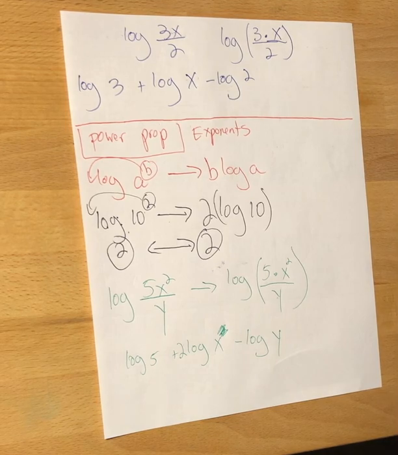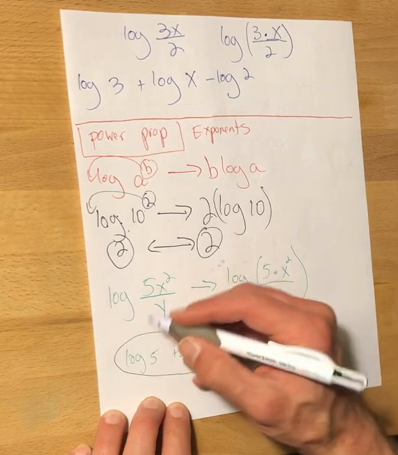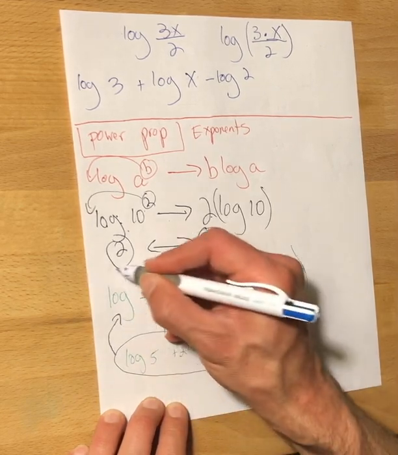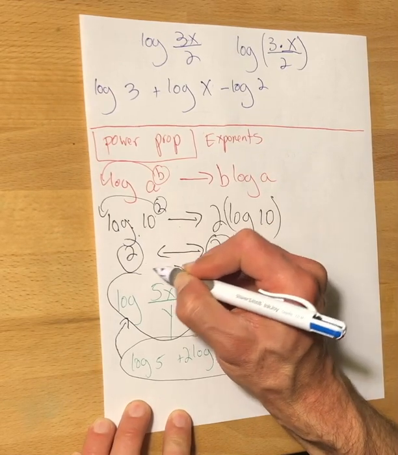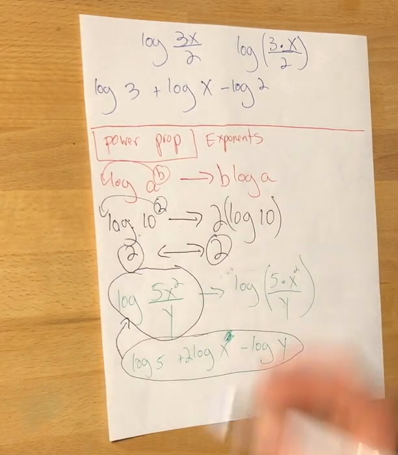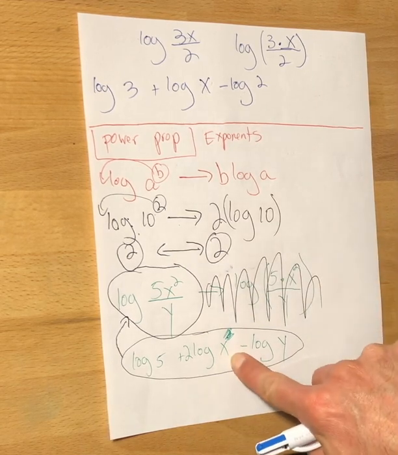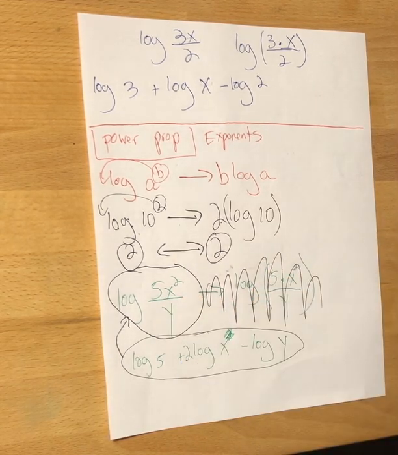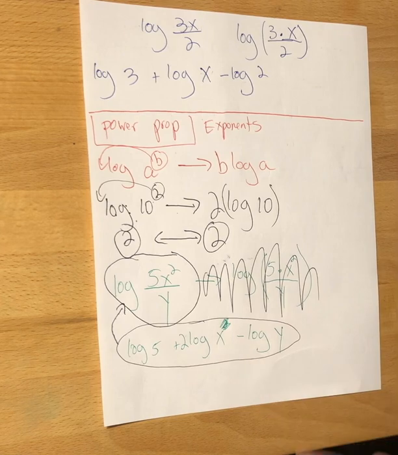Now what I'm going to ask you to do is this. See if you can take this and bring it back to its original state to see that both of these are exactly the same. Pause the video. I want you to bring it back to the condensed version, because you're going to have questions where it's going to say, condense this.